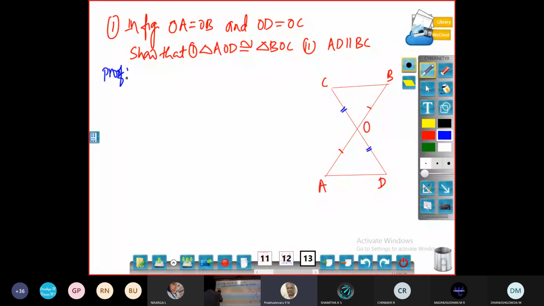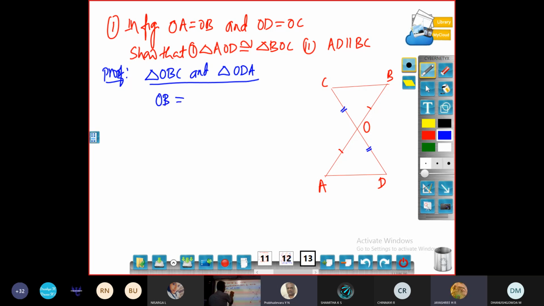Proof. Okay. So in triangles OBC and ODA, observe the corresponding parts in these two triangles. I can write in triangle OBC, OB is equal to OA. It is given in the data.